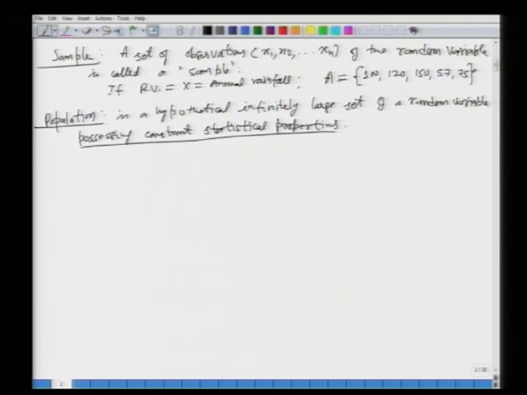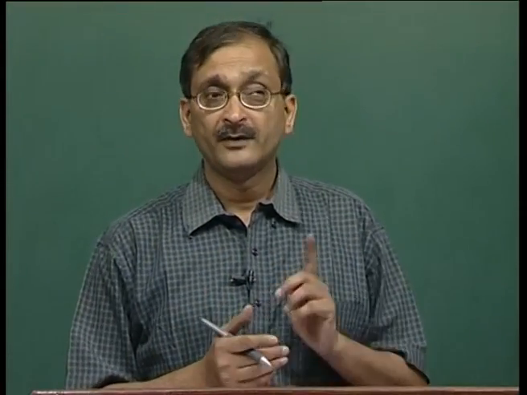So, what is the difference between a sample and a population? A sample, we said, is just the collection of data points from your universal set, let us say 5 years of data or 10 years of data. But a population is something hypothetical, the data set is extremely large, infinite, but the condition is that it possesses constant statistical properties, like mean, standard deviation, skewness. We will come to those a little later in this chapter, but if you have a population, the mean of that population is always going to be constant, which is not the case for a sample.